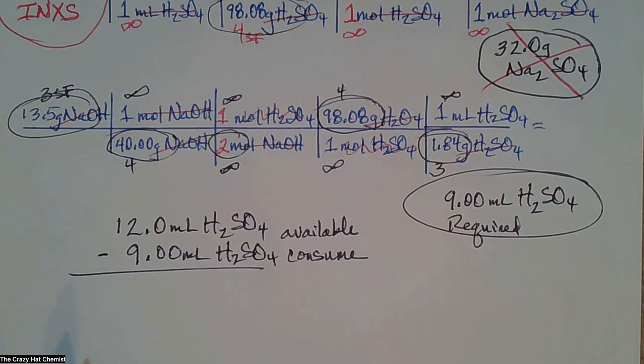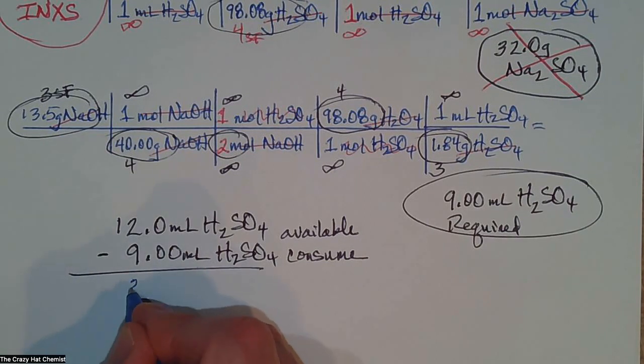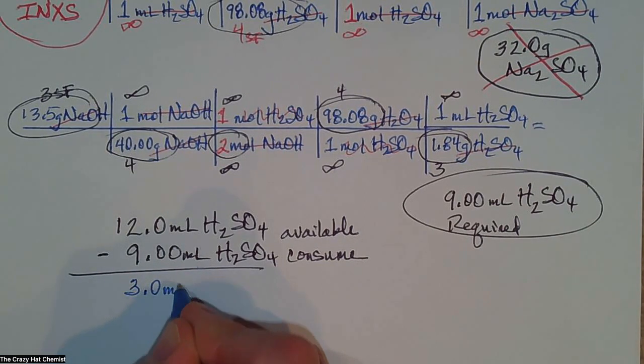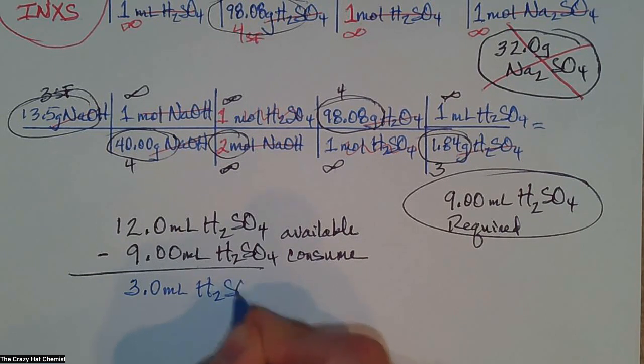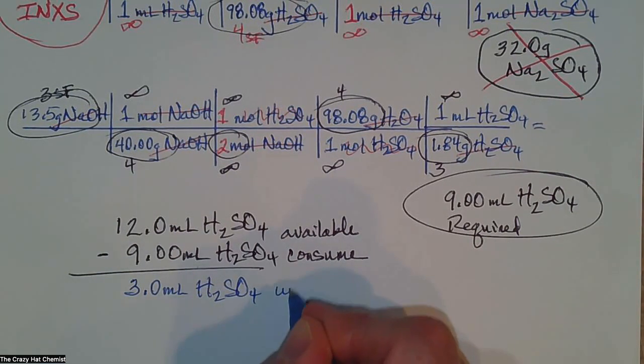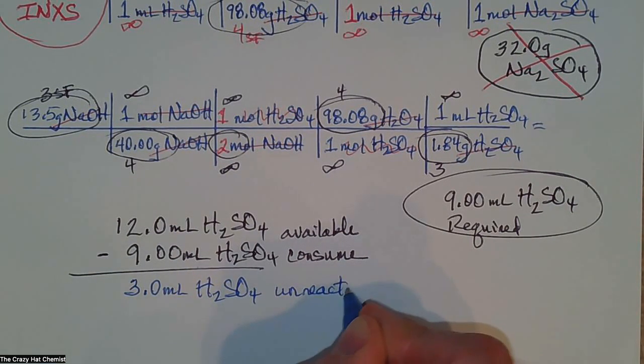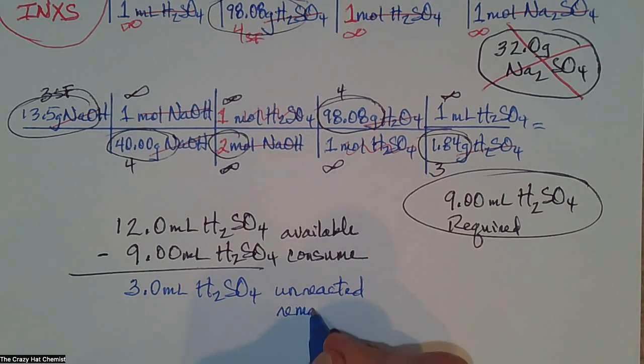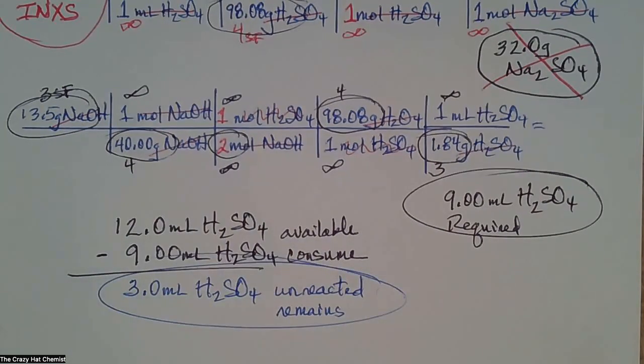Notice that I have my same units of milliliters, same formula of H2SO4, so I should be rocking and rolling with that. Okay. Now what we're going to do is a subtraction, and we're going to get 3.0 milliliters of H2SO4 unreacted. Okay. And this is the part that remains. This is my other answer right there.